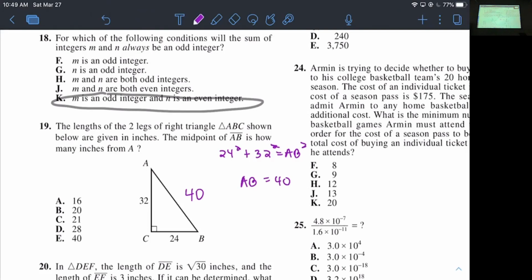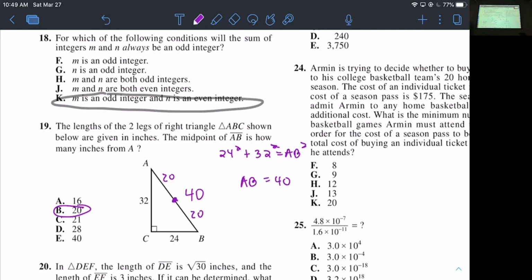Well, if the length of the hypotenuse is 40, the midpoint divides that in half, correct? So each piece would be 20. So the midpoint is going to be 20 inches away from point A. That would be the quickest way to do that problem without having to use the distance formula.